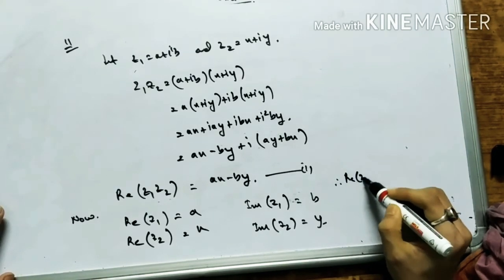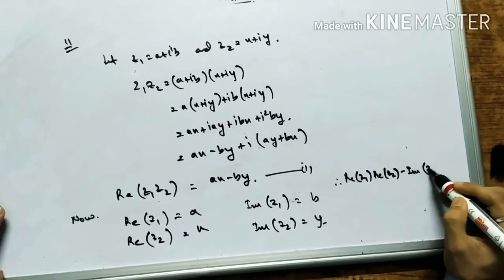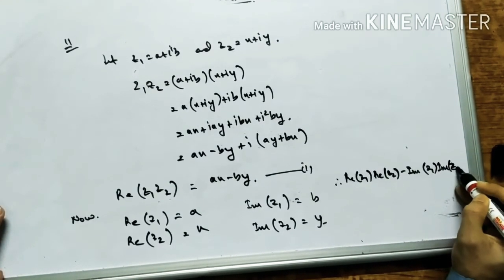Therefore, Re z1 Re z2 minus Im z1 Im z2.